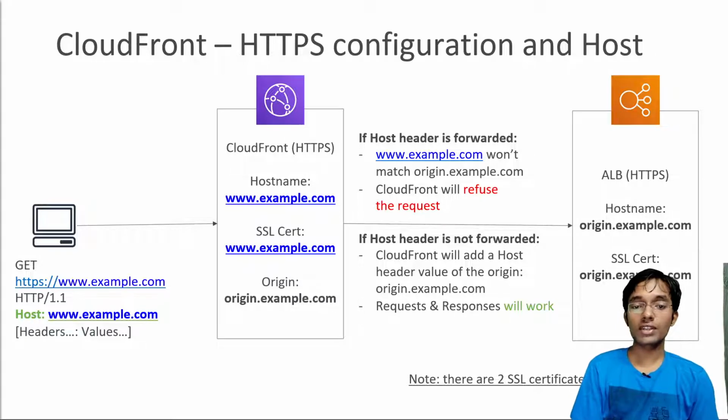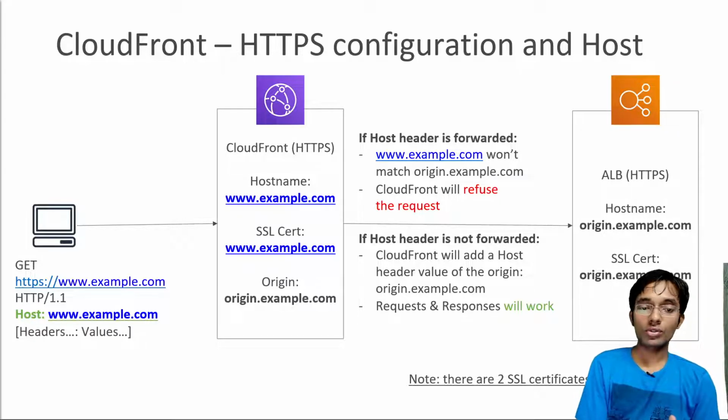So the idea is that we want to have CloudFront talk to our ALB using HTTPS, to have secure communication between our client, our CloudFront distribution, and our application load balancer. The client is going to issue a request for www.example.com, and is going to send a host header value as well, because we have SNI, server name indication, enabled.